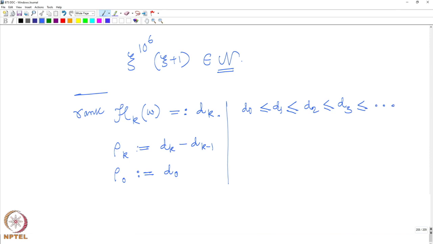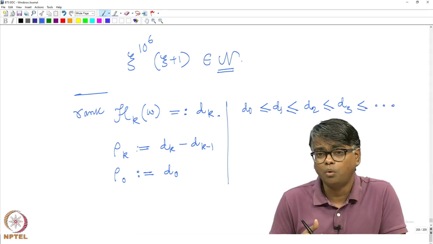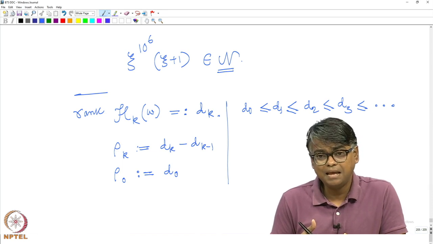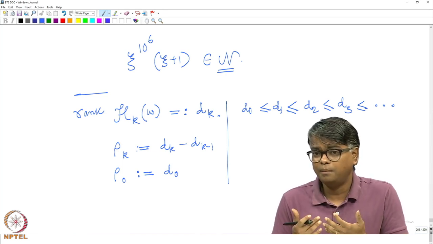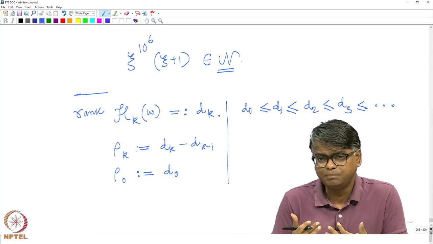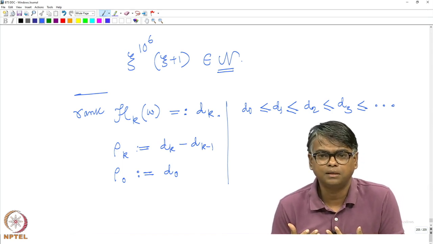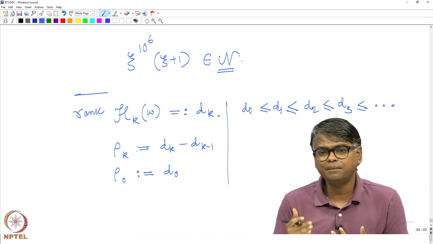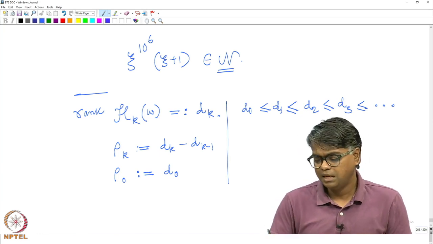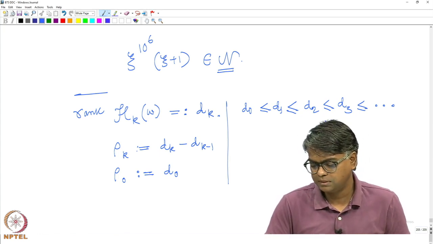Some new rows will be added which might add to the rank. So the rank of hk might be bigger than the rank of hk minus 1, but it will at least be that. That is why the rank will only increase or remain the same, so it is a non decreasing sequence.